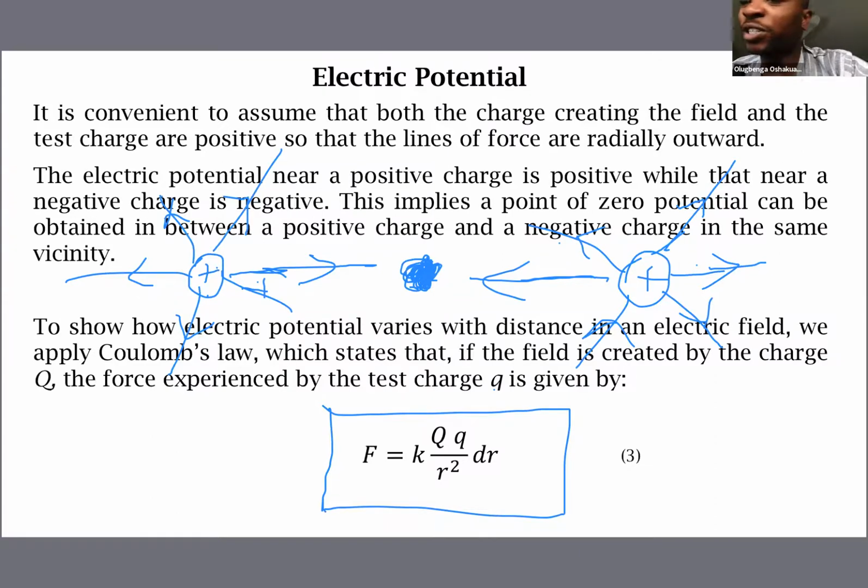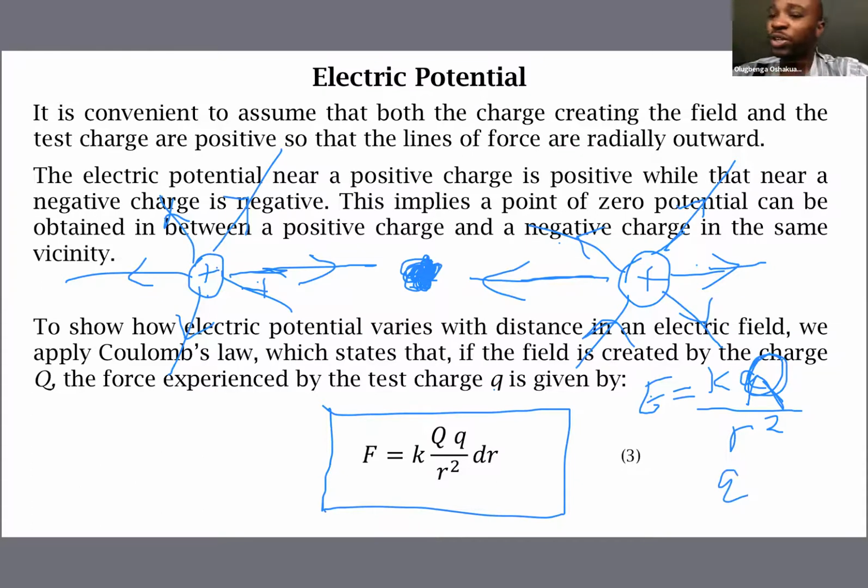The electric field generated by the charge Q can be said to be E equals KQ divided by R squared. When we bring in another test charge small q, recall we said that the electric force is also a product of charge and electric field. So when we multiply charge with electric field, we come back to Coulomb's law.